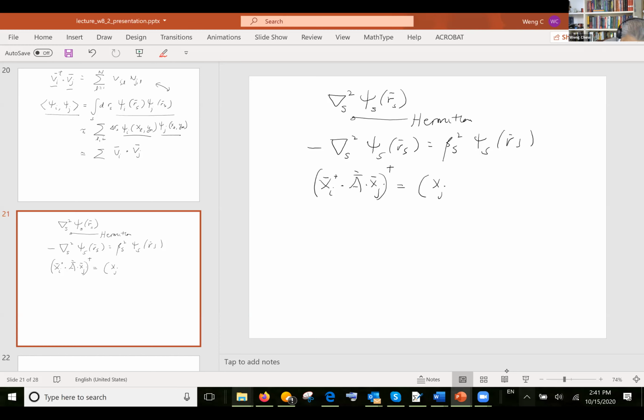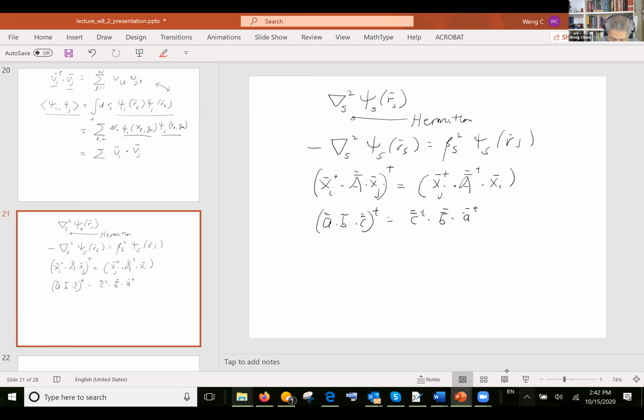Okay, so if I take the thing, and if I use the rule of linear algebra, this would be just equal to that. I'm using the rule of linear algebra that A dot B dot C transpose is equal to C transpose dot B dot A transpose. These are all matrices.